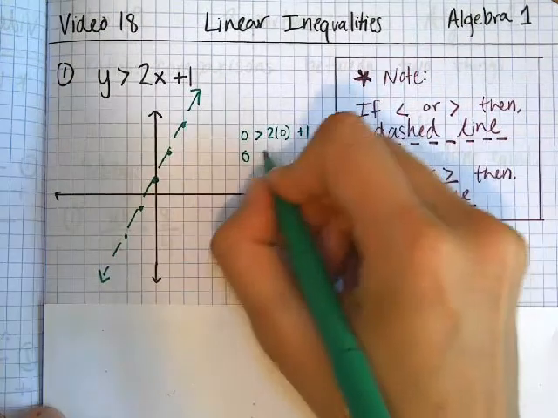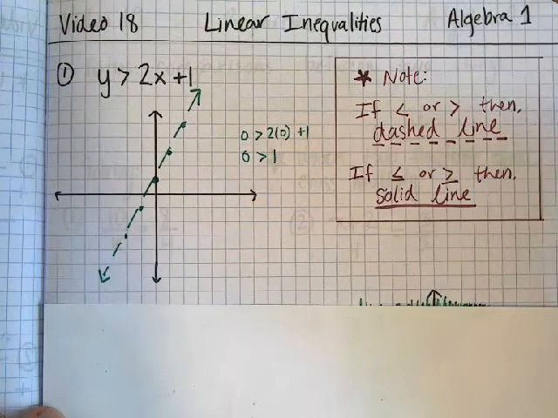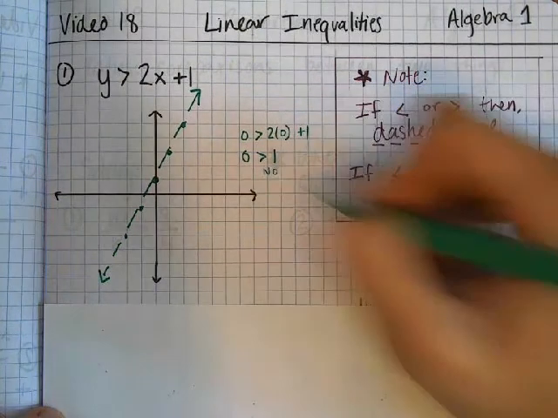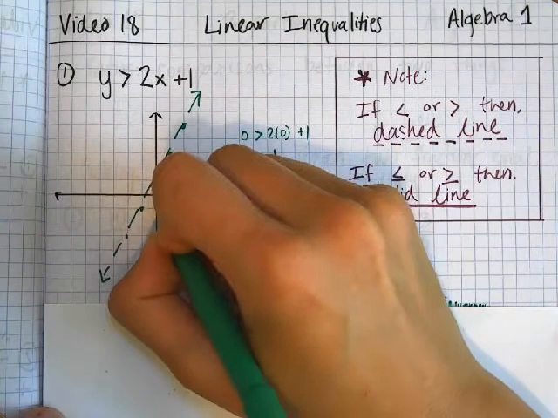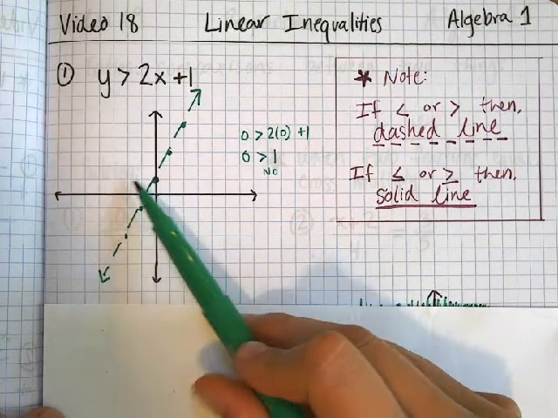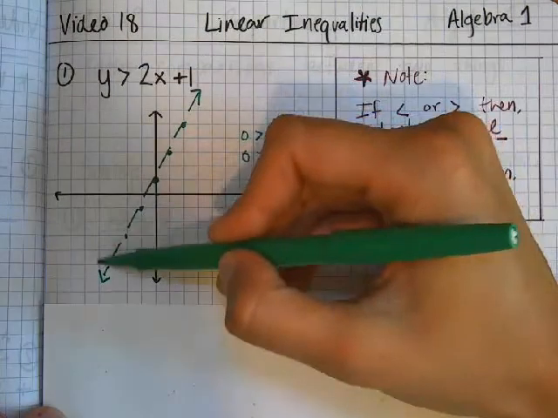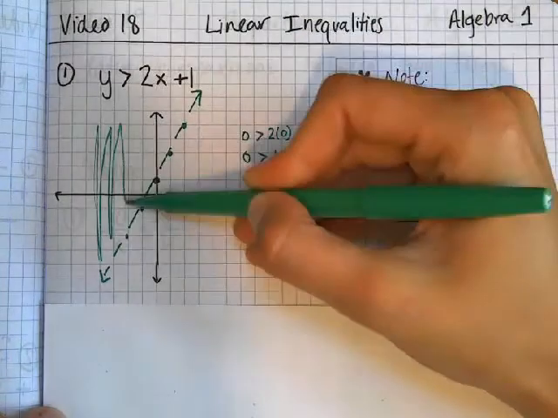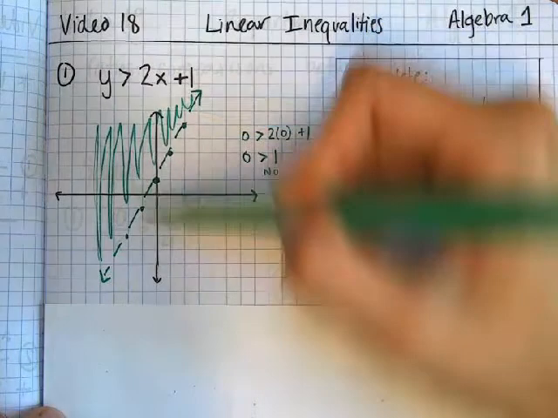So is 0 bigger than 1? Well, no, that's not true. Okay, so (0, 0) is right here, and that's not true. So we're going to shade the opposite side of the line, okay? Wherever it makes it true, that's the side you shade, okay?